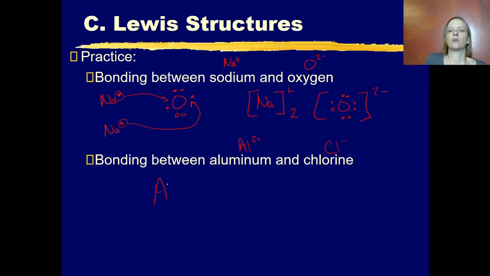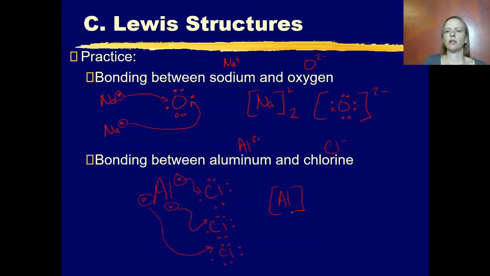So one electron goes to one chlorine, another electron goes to a second chlorine, the third electron goes to a third chlorine, and I end up with aluminum with a charge of +3 and each chlorine with a charge of -1, but I have 3 of them.